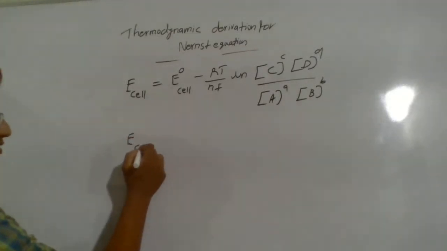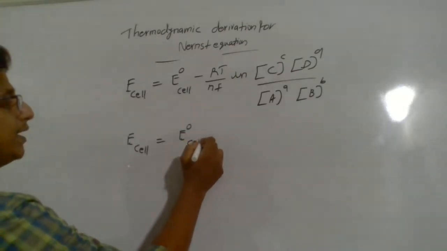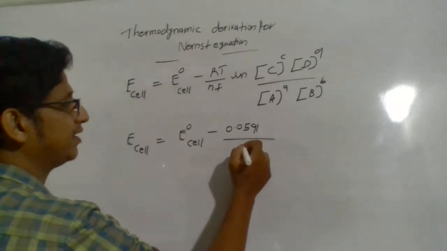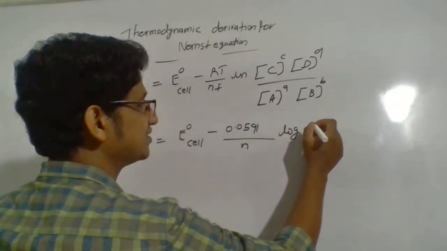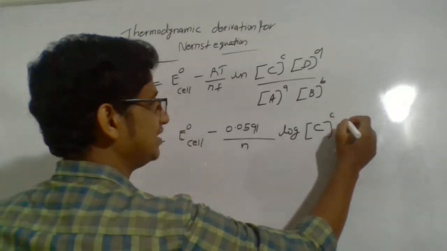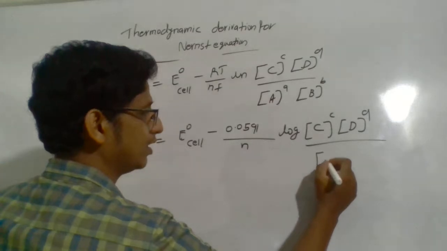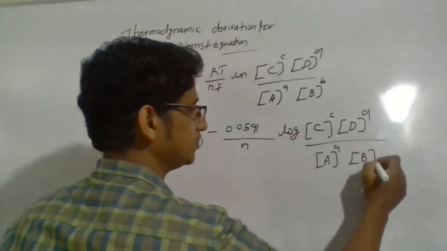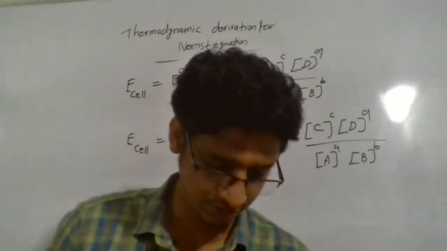E cell is equal to E0 cell minus 0.0591 divided by n, log of C raised to c into D raised to d divided by A raised to a into B raised to b. So this is our simplified Nernst equation.